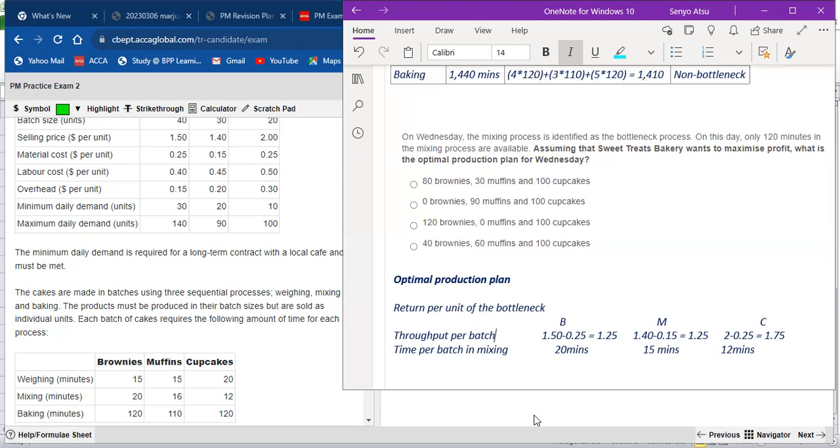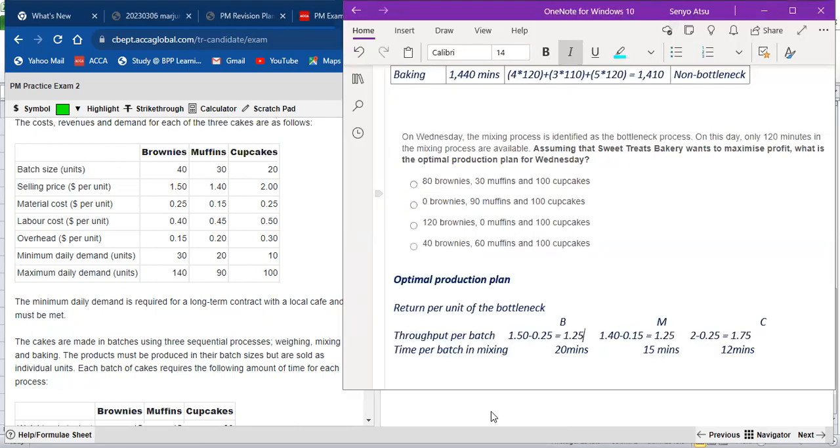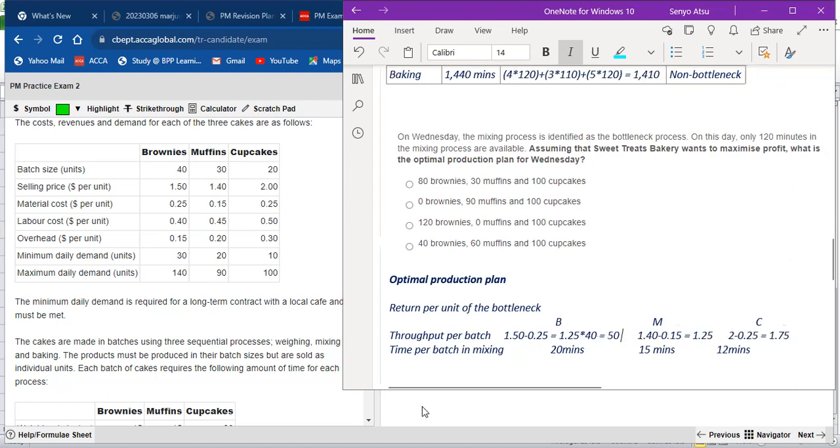So I've got to work out the throughput per batch, which means 1.25 times the batch size. If the batch size is 40, so each batch you are calculating throughput for has 40 units, then 1.25 per unit times 40 units gives $50 per batch of 40.